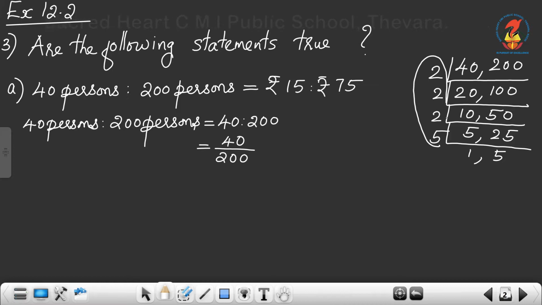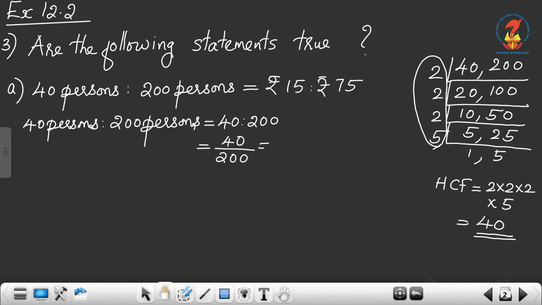Therefore, when you find the product of all the common prime numbers, HCF is equal to 2 into 2 into 2 into 5. 2 2s are 4, 4 2s are 8, 8 into 5 equals 40. So the highest common factor is 40.